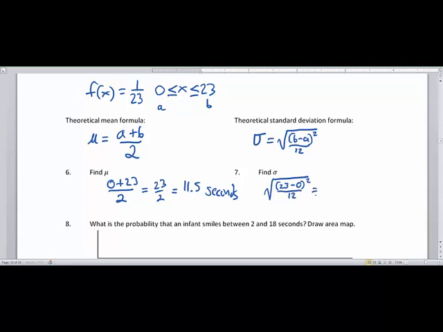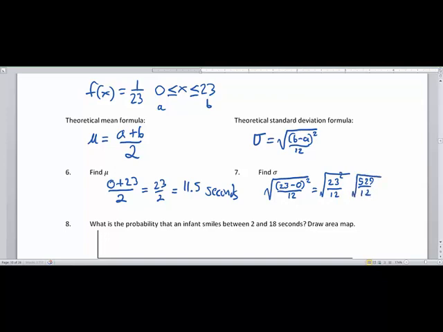So doing order of operations, we process the parentheses first. Processing the parentheses would give 23, and we're going to square that, divide by 12, and then take the square root. 23 squared is 529. Divided by 12, and take the square root.